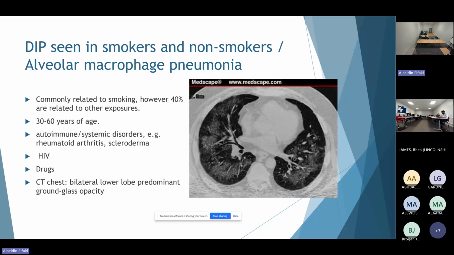It is similar to RBILD with the predominant ground glass opacifications, but affecting the lower lobes rather than the upper lobes. So on some occasions, you also need to exclude other causes like infections, especially in someone with an immunocompromised state like HIV, and rheumatoid arthritis, scleroderma as well. Some of the connective tissue disorders need to be excluded from the differential.